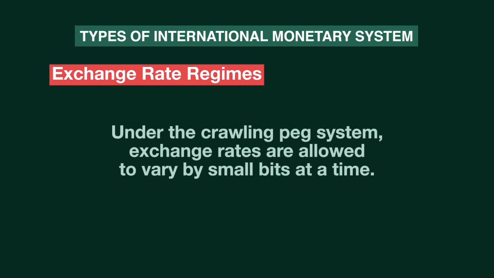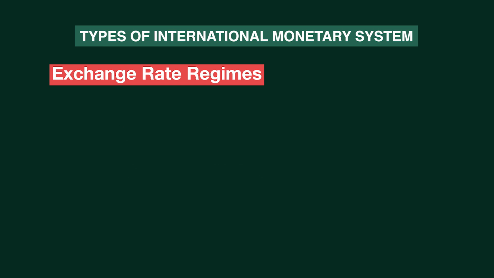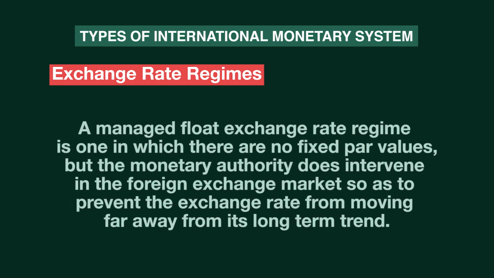Under the crawling peg system, exchange rates are allowed to vary by small bits at a time. And under a managed float exchange rate regime, there are no fixed par values, but the monetary authority does intervene in the foreign exchange market so as to prevent the exchange rate from moving away from its long-term trend.